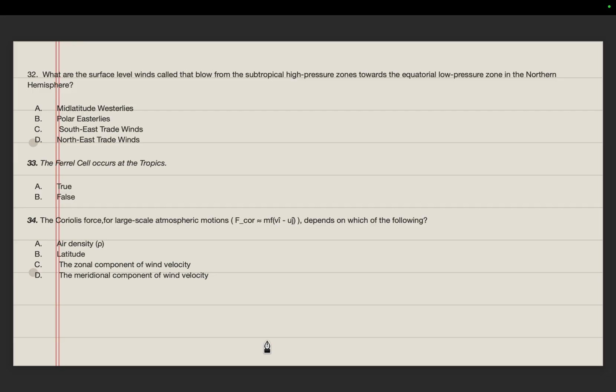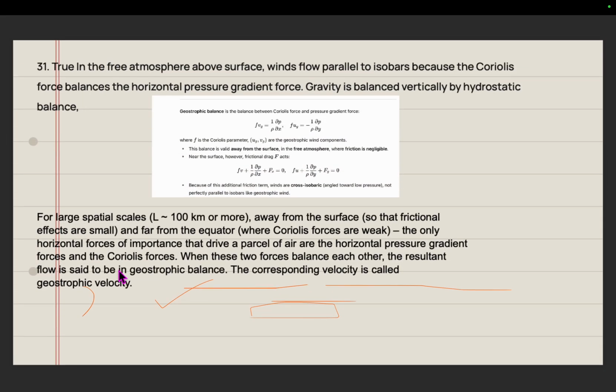At the surface, from the subtropical high pressure zones to the equatorial low pressure zones, some wind blows, and in the northern hemisphere it has a particular name. What is that? Option C? Is it?